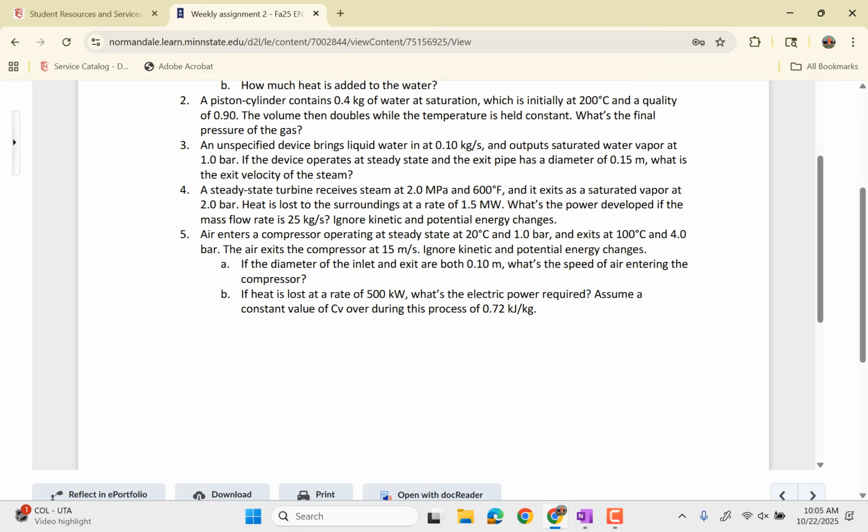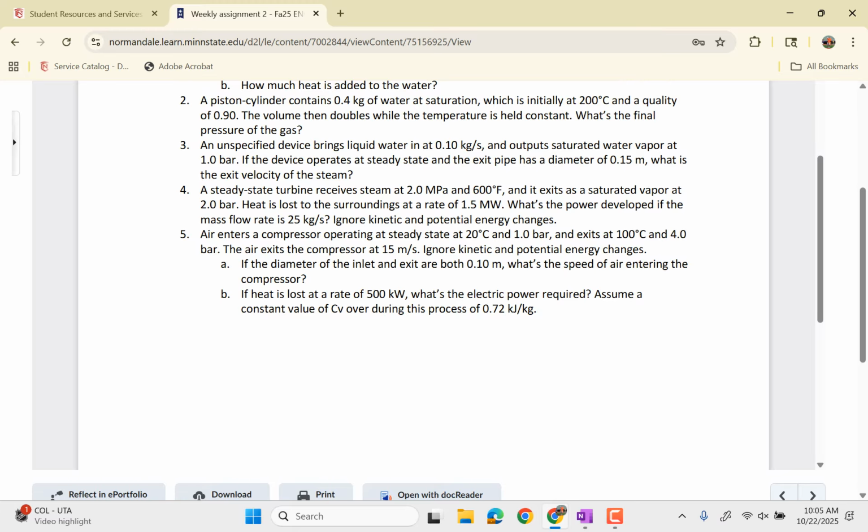Okay, so you cancel everything but enthalpy, and does it say anything about heat transfer? Okay, so for part A, you don't even have to use the first law yet.